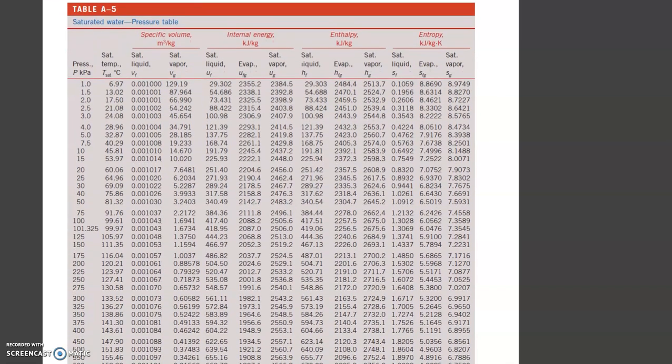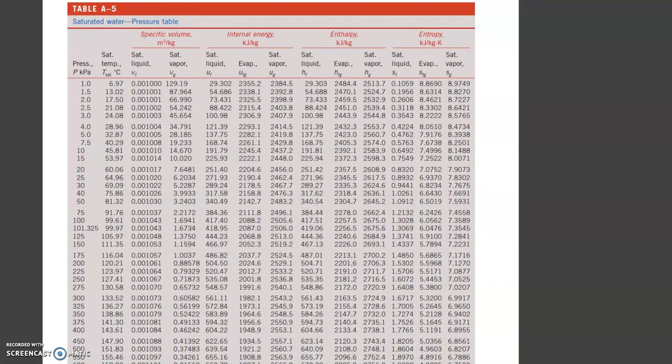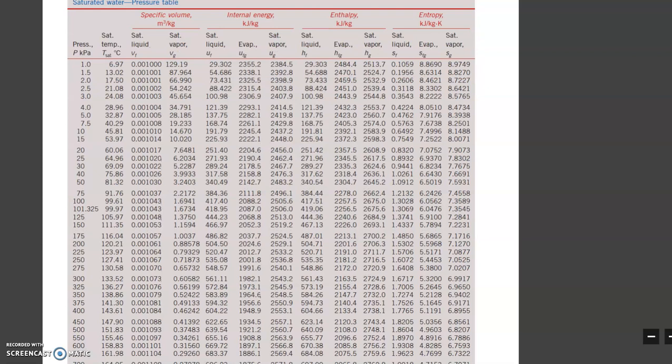So this is table A5, right? And the pressure is 150 kilopascal, so it's here, right? That's our pressure, and we can read the liquid specific volume, gas specific volume, internal energy, both for liquid and vapor, and also the enthalpies for liquid and vapor, right?